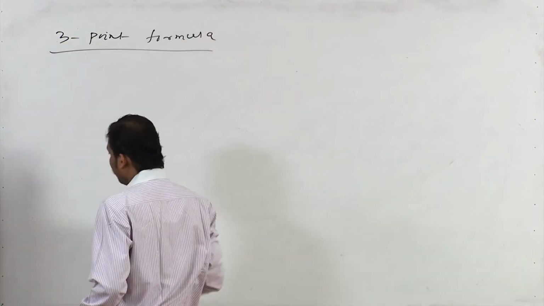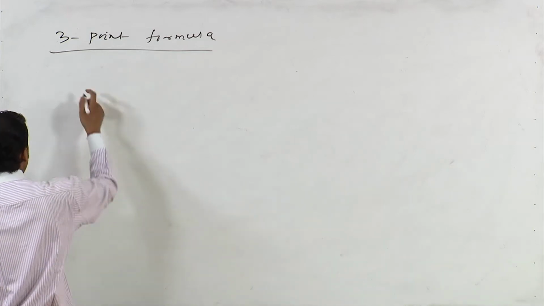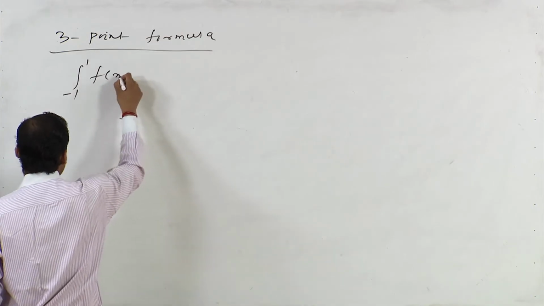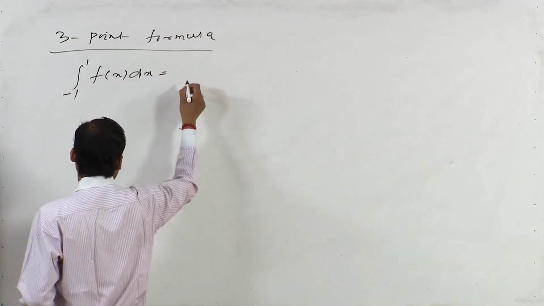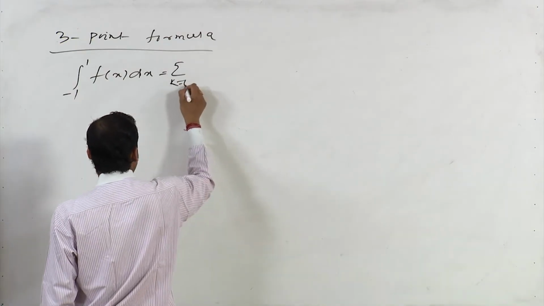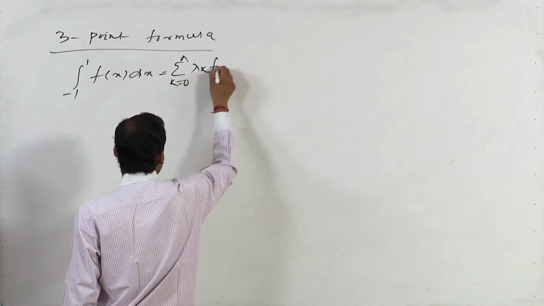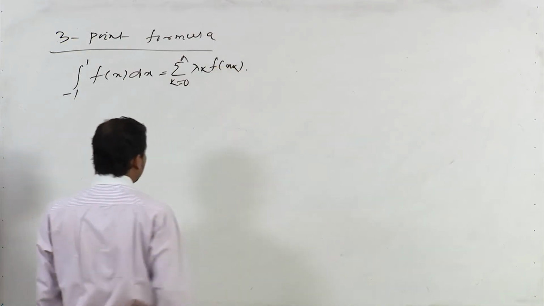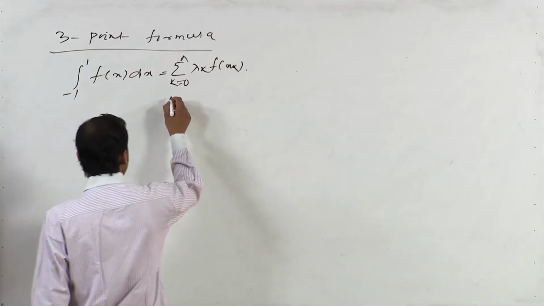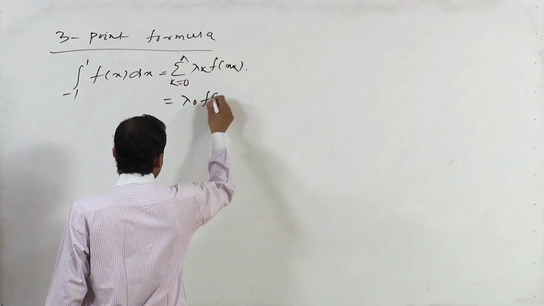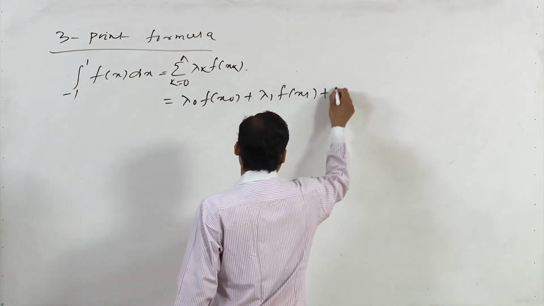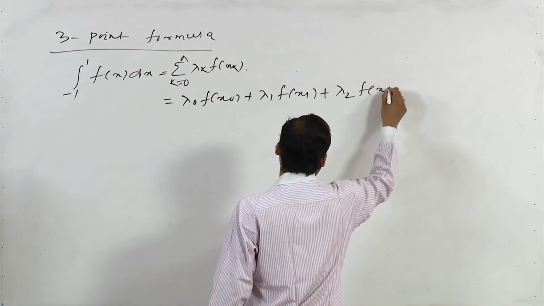So likewise, we will transform this interval: the integral from minus 1 to 1 of f of x dx can be written as the summation of k equals 0 to n lambda k f of x k. So if we consider 3 points here, we can write this as lambda 0 f of x 0 plus lambda 1 f of x 1 plus lambda 2 f of x 2 here.